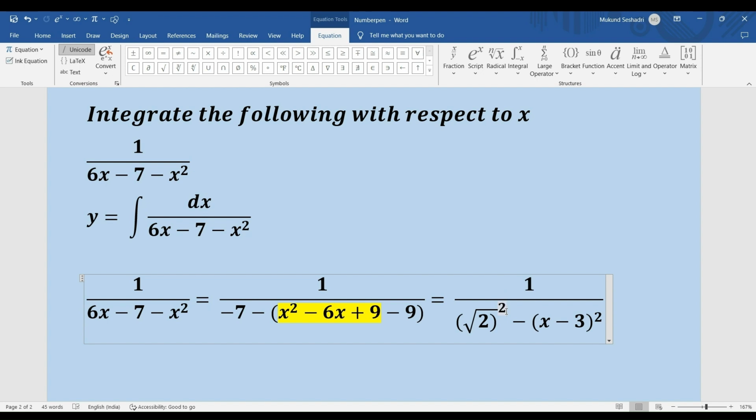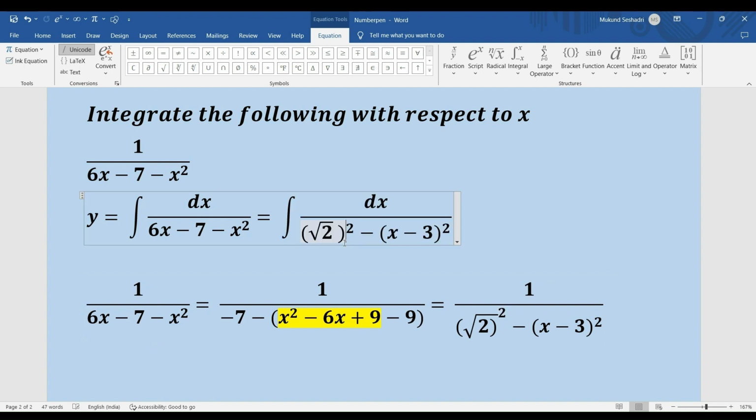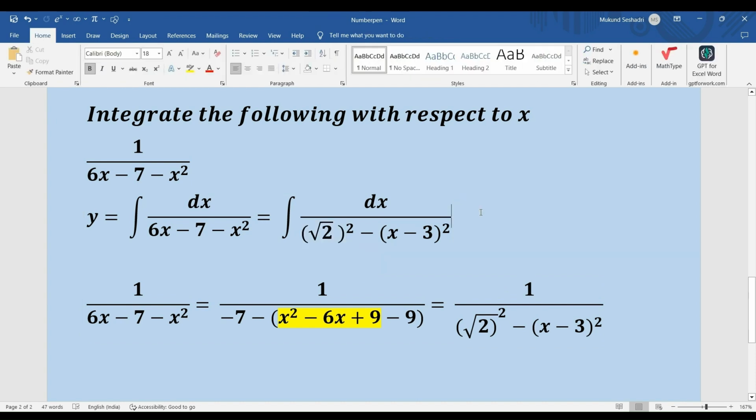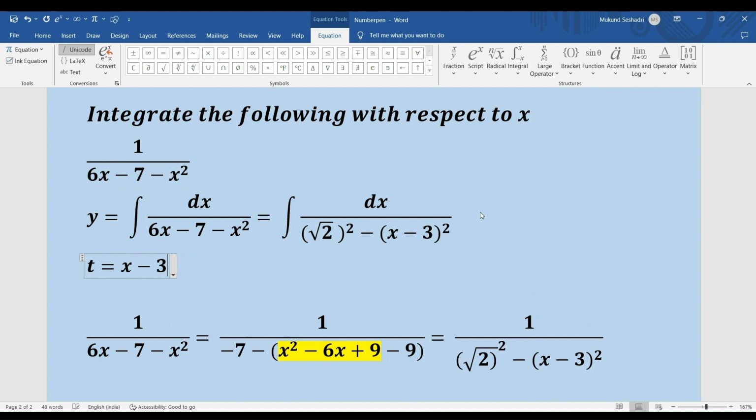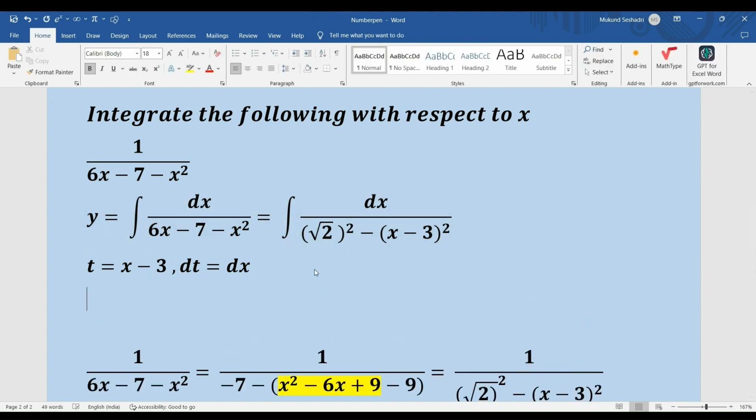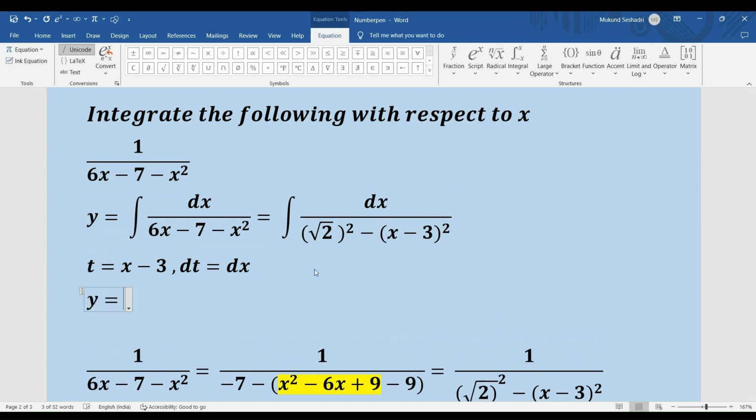Before we do that, let's go back to our y. So that's my y. Now let me go ahead and make the substitution x minus 3 equals t. So what happens to my dx? My dx becomes equal to dt, right? Now I go back to my y, I make the substitutions to express everything in terms of t, and now let's see how our expression looks like, right?